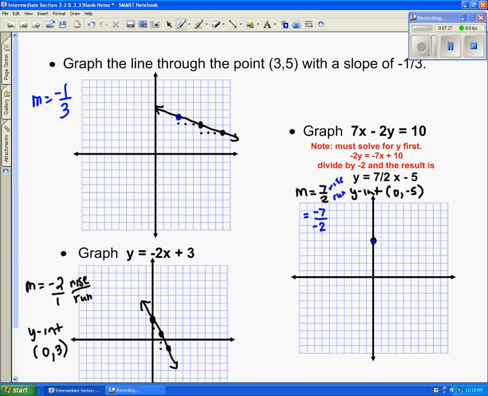So from here in blue, I'm going to go down 7, 1, 2, 3, 4, 5, 6, 7, and to the left 2, 1, 2, and draw a line through it. Recall that if you run out of room on the graph, you can change direction, because a negative divided by a negative is still a positive, so this allows me to just change directions.